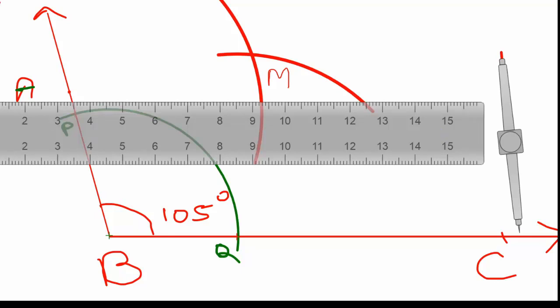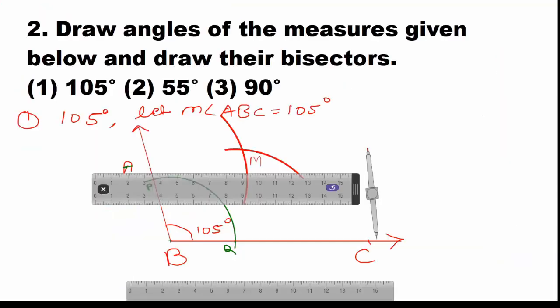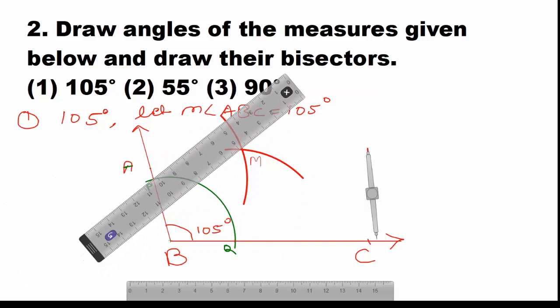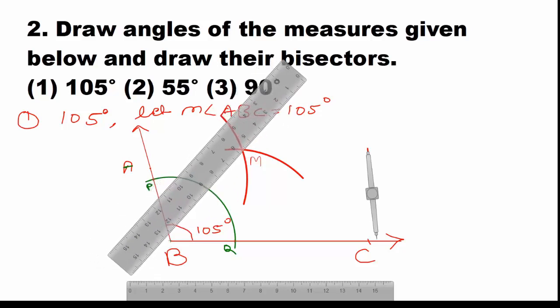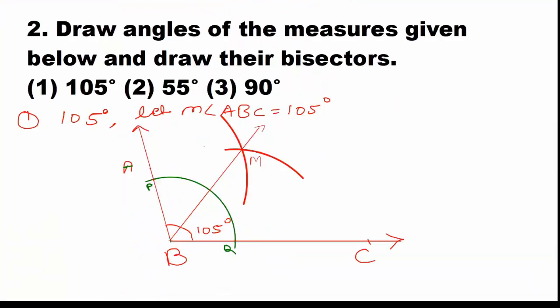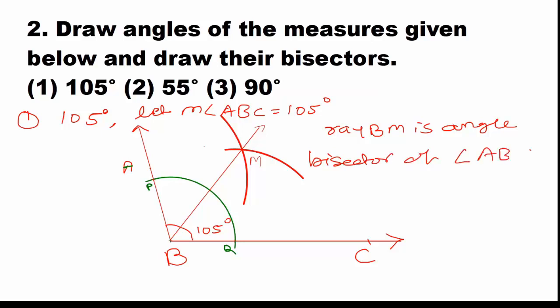With the help of a ruler, draw the ray passing through the point. Draw the ray BM passing through point M. Lift the ruler. Here ray BM is the angle bisector of angle ABC.